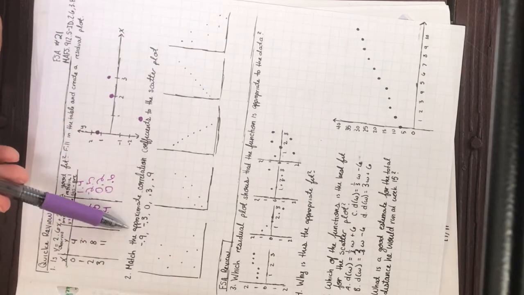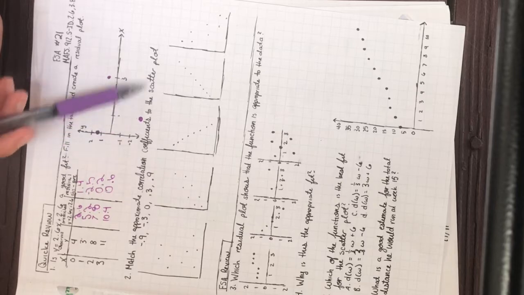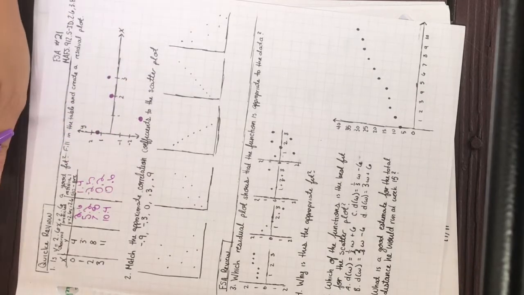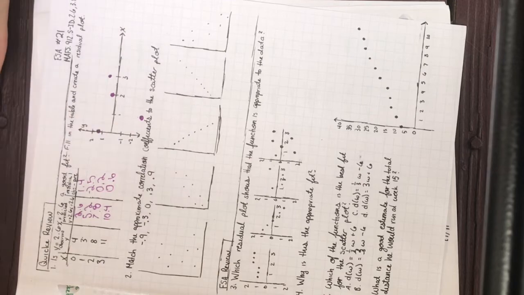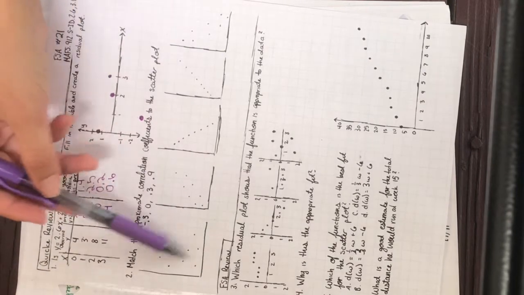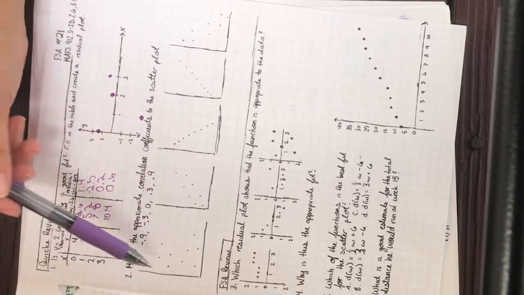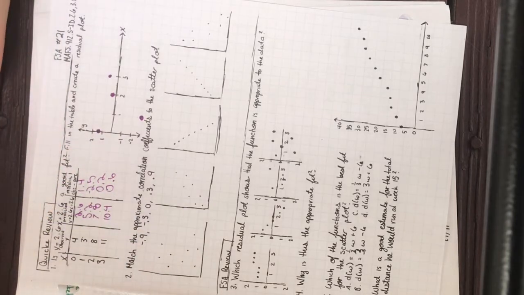Moving on to number 2, match the appropriate correlation coefficient to the scatter plot. Pause this video and please Google what is correlation coefficient. Basically, the correlation coefficient is how these dots compare to a line you would draw through them, a line of best fit.